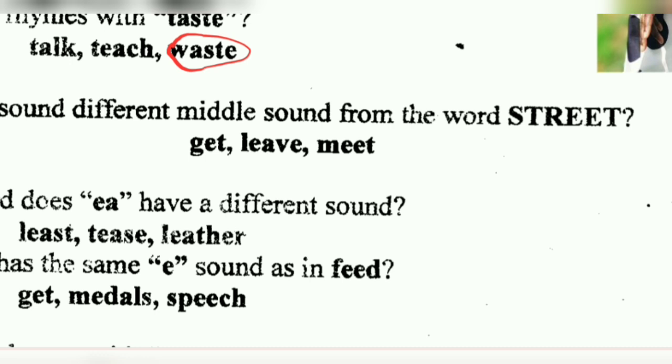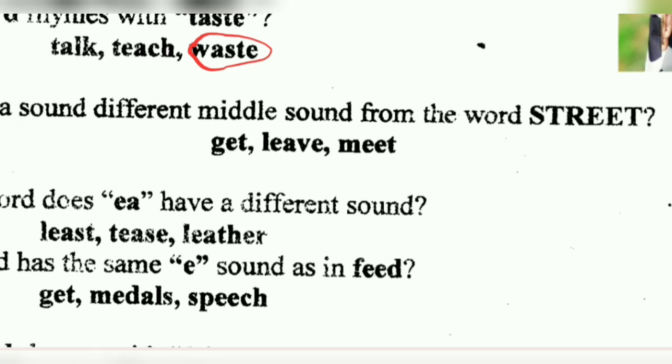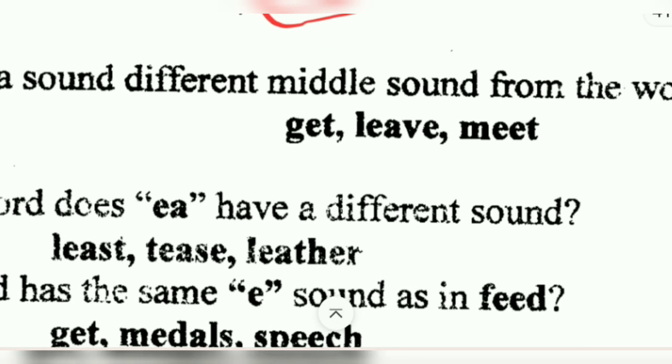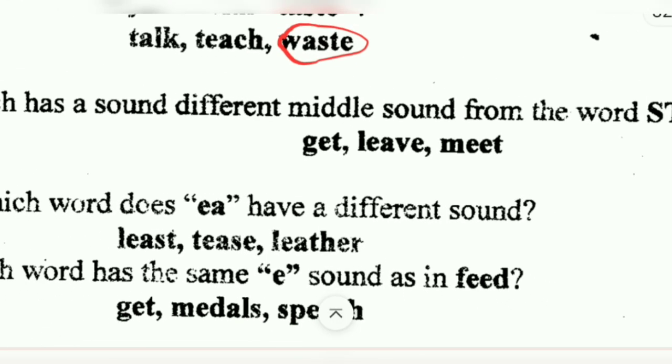You have get, leave, meet. Are they looking for different, or are they looking for same or similar? I think they want to say same or similar, because what do you choose between get and leave? Oh, I get it. You're getting the E in leave. So yeah, going fast. Alright, so which has a different sound from street?